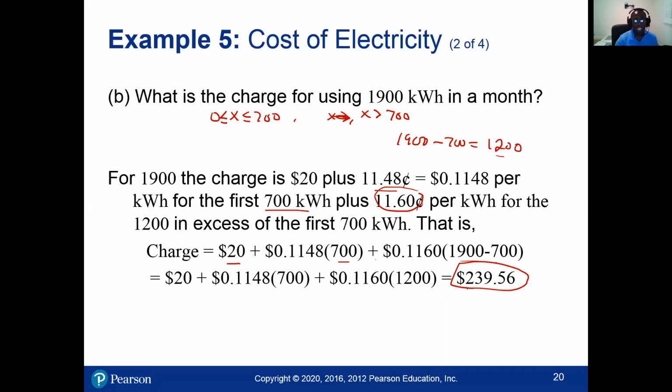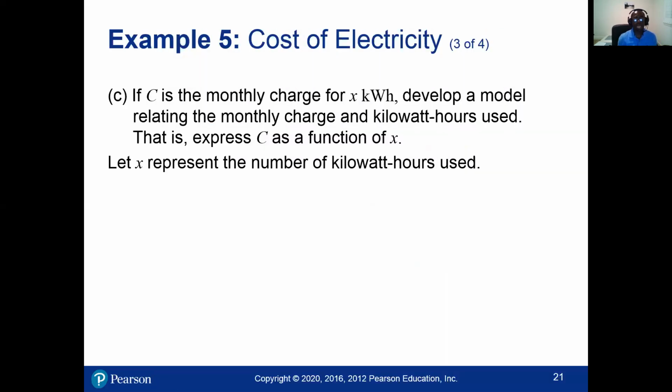Okay, so let's go to the last part of the question. It says that if C is the monthly charge for X kilowatt hours, develop a model relating the monthly charge and kilowatt hours used. That is, express C as a function of X. So let X represent the number of kilowatt hours used.